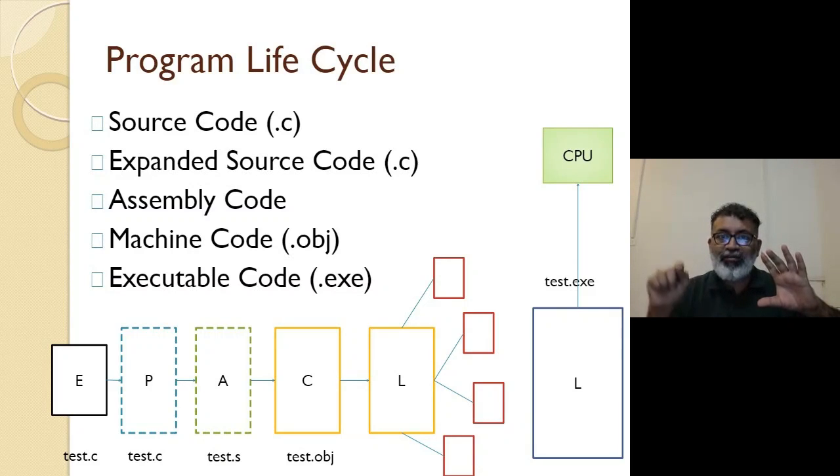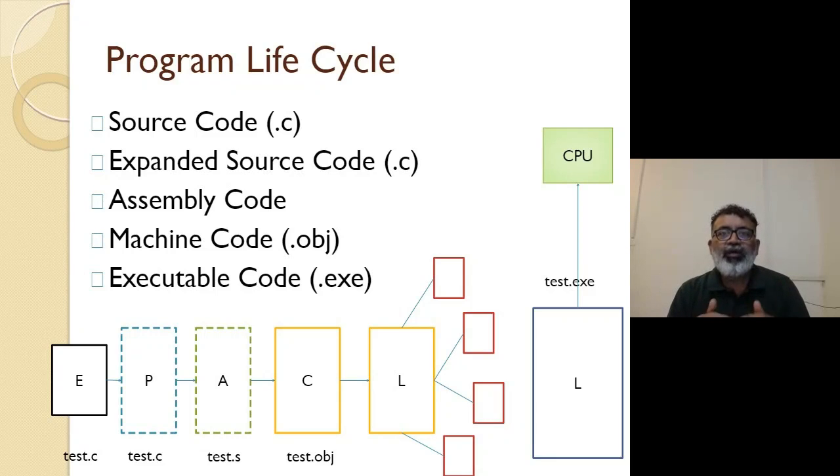So all these four obj files are linked to your obj file, that is the test.obj. Linker performs this task, and that's why it is called a linker. It links with all obj files in the library, and then what you get is the executable code.